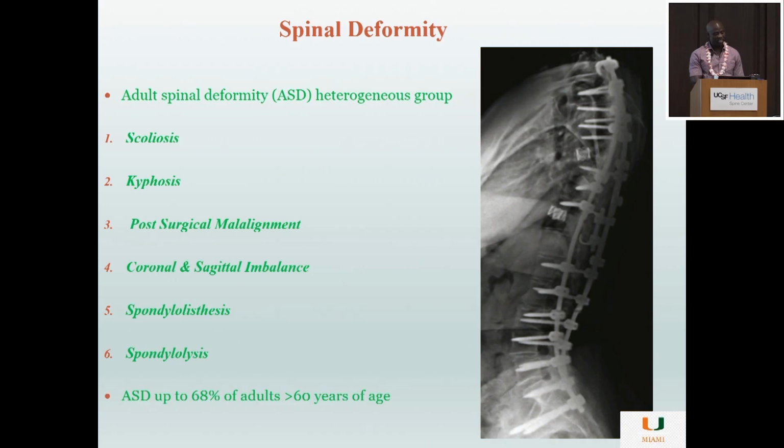The Scoliosis Research Society defines adult spinal deformity as a heterogeneous group: patients with scoliosis, whether idiopathic, congenital, syndromic, or neuromuscular; kyphosis, which could also be congenital or idiopathic; post-surgical malalignment, in patients who've undergone degen surgery or previous deformity surgery; patients with coronal and sagittal imbalance; patients with spondylolisthesis; and something that's often ignored, even patients with spondylolysis are considered to have deformity. Adult spinal deformity affects about 68% of adults over the age of 60.